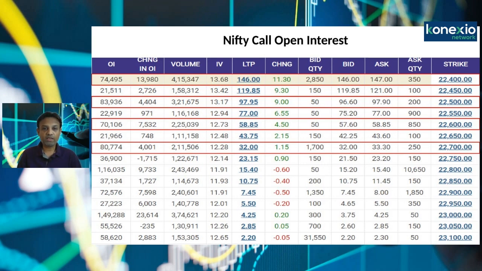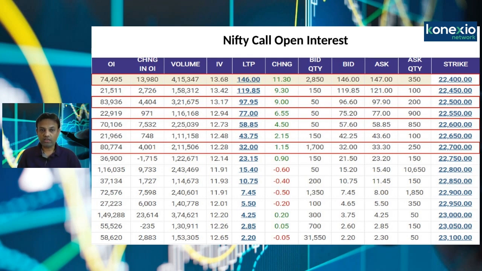The implied volatility is in the comfort zone, between 12.28 and 13.68. The option premiums are flat to positive. Volumes are also rising. Open interest is also strong. So as of now, there is no call writing seen at this juncture.